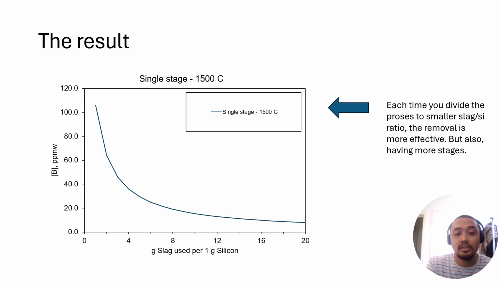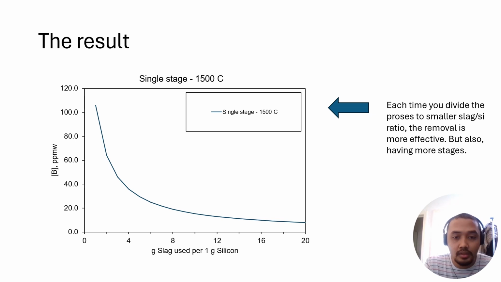In this simulation, the y-axis is the boron concentration and the x-axis is the gram slag per 1 gram silicon. Imagine I use 20 grams of slag compared to 1 gram of silicon in one batch. The boron concentration left in the silicon starts plateauing. Maximum I get only around 10 ppm.